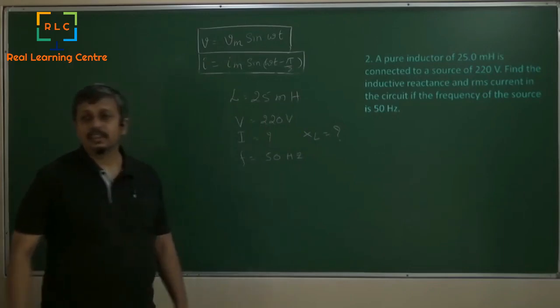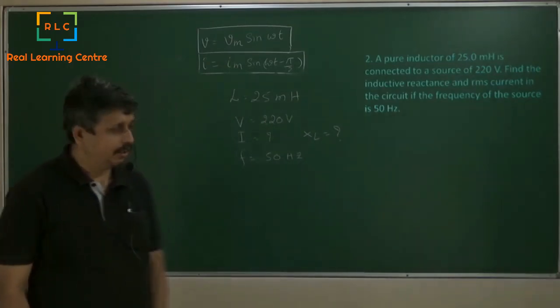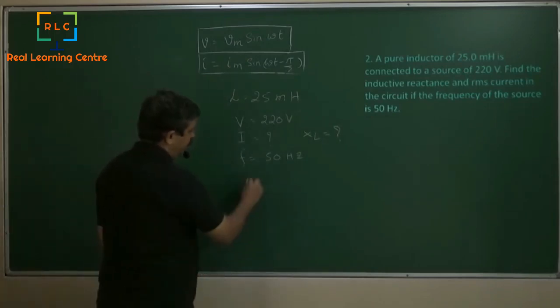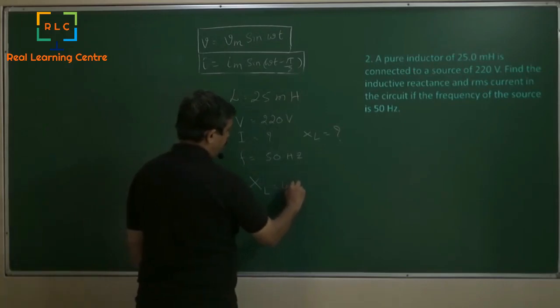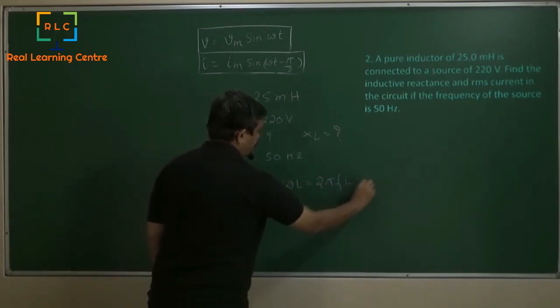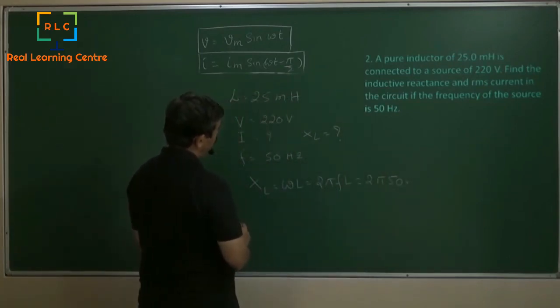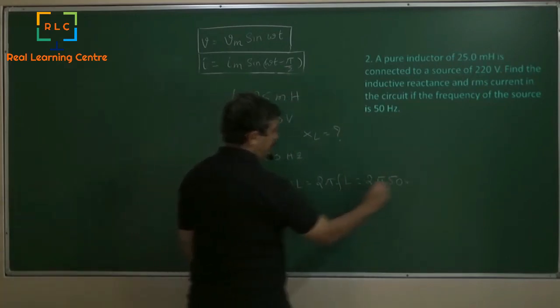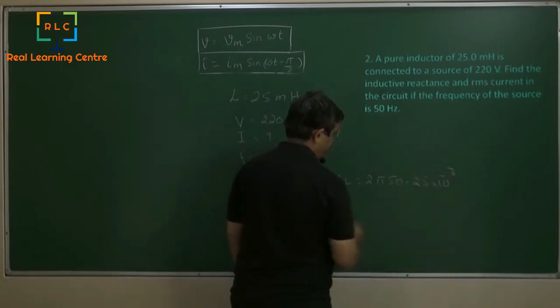This maybe looks complicated, but it's an extremely simple question. You can calculate XL directly. XL is equal to omega L, which is equal to 2 pi f into L, which is nothing but 2 into pi into 50 into L, 25 millihenry, that is 25 into 10 to the power minus 3.